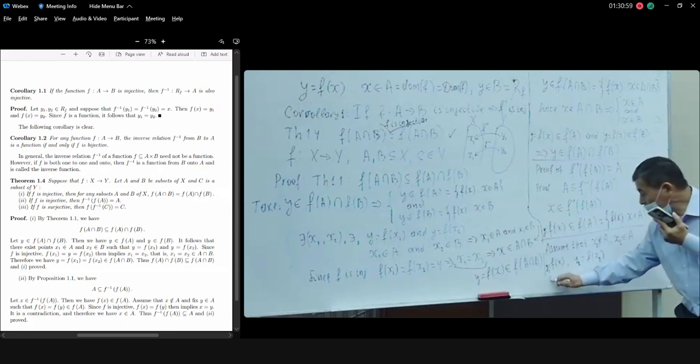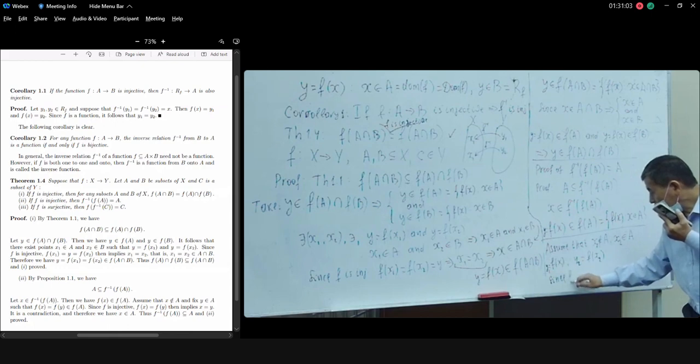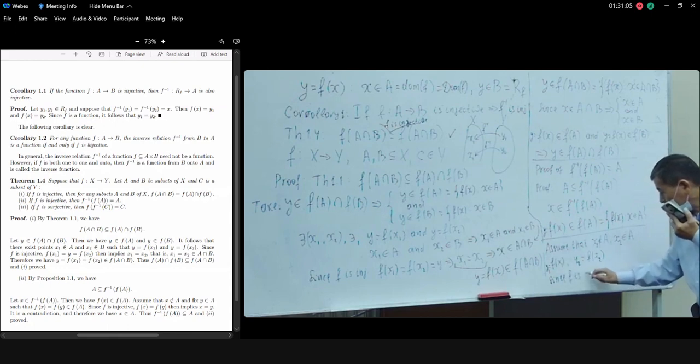Then the important point: since f is injective, injective means f of x1 equal to f of x2 implies x1 equal to x2. You see? x1 equal to x2.